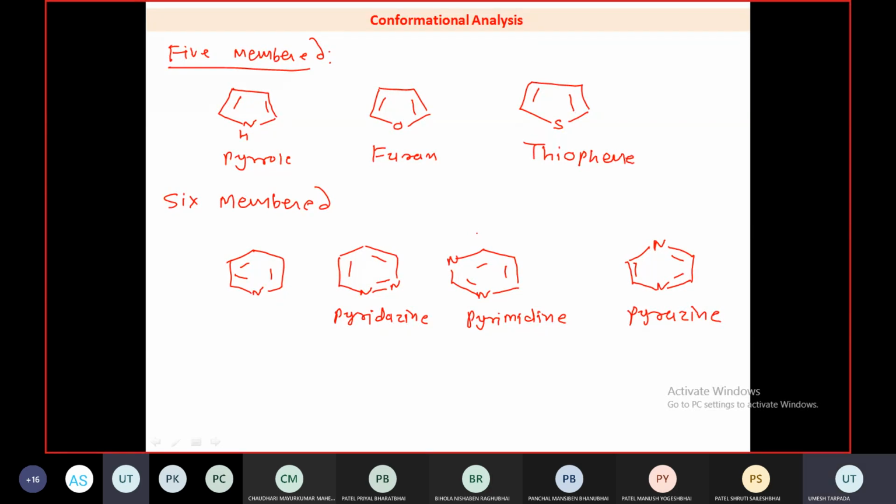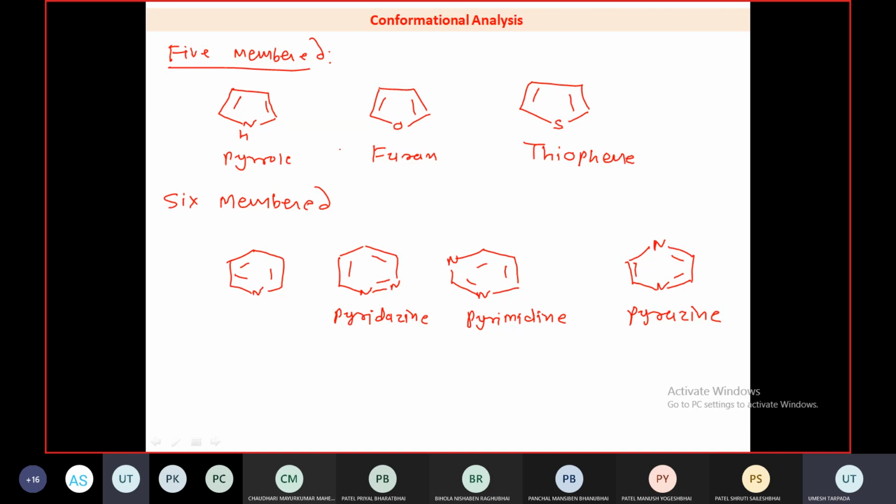Coming back to conformational analysis, whenever you are checking the stability of any conformation, the factors which play a very important role in deciding stability, as I have already told, are bond angle, and second, depending on the structure, dipole interaction also plays an important role.